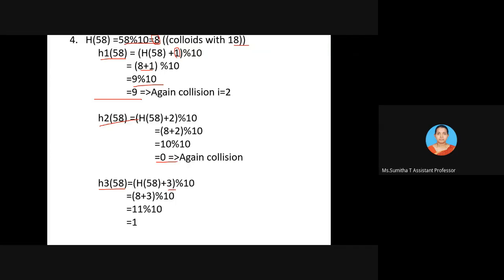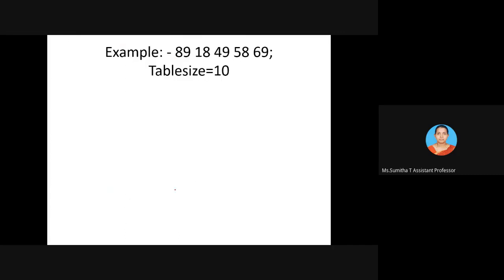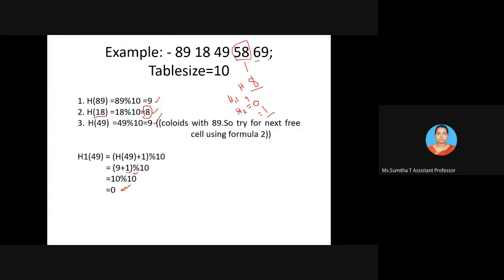Okay, this is the next element, 69. What is the H value for 69? 9. So same procedure again. 9 already has an element, a collision, so we have to find H1 of 69. What is H1 of 69? 0. 0 is also already occupied.